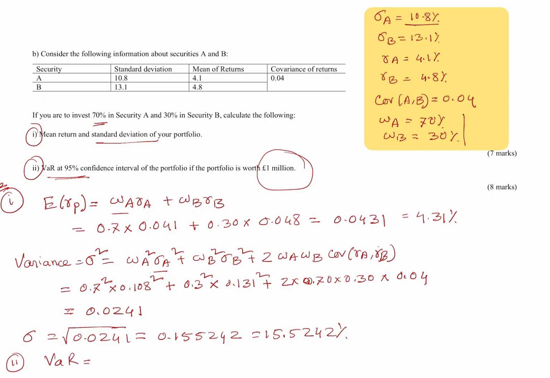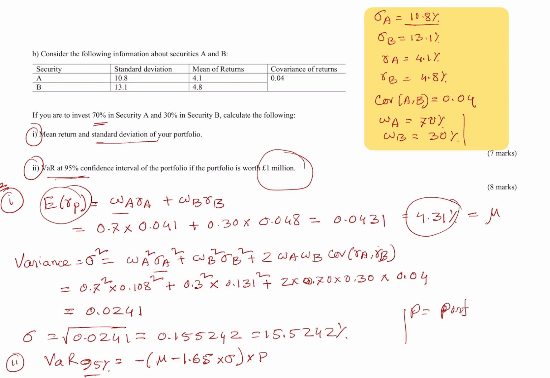The VaR, we're talking about the 95% VaR, is equal to minus mu, where mu is the expected return, minus 1.65. 1.65 is a fixed number for 95%, always 1.65. We multiply this with sigma and the portfolio value. P is the portfolio value, in our case $1 million.